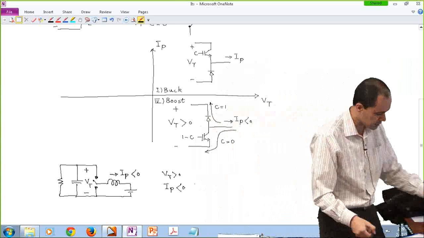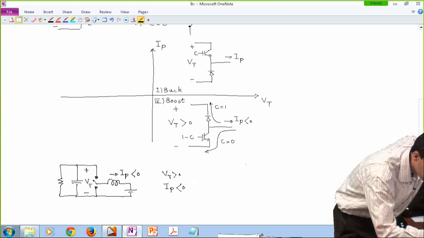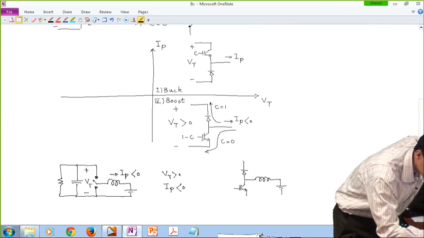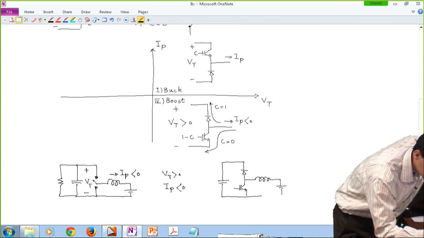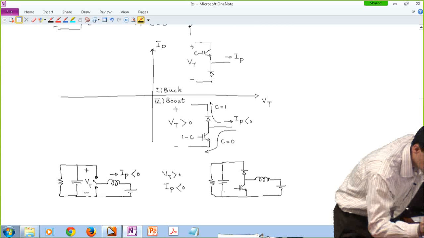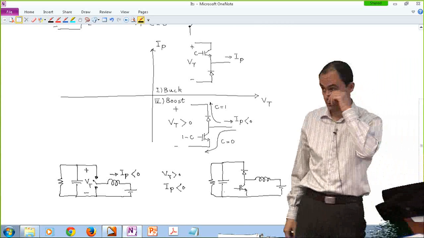So if you want to realize the boost converter from what I drew earlier, this is how you're going to realize it. All right, so something like this one.